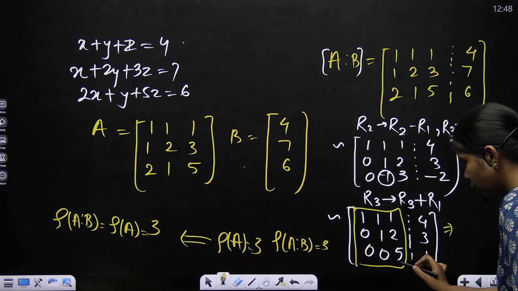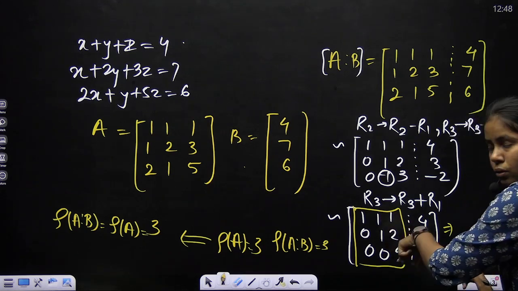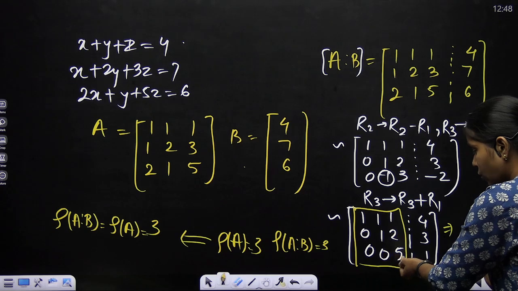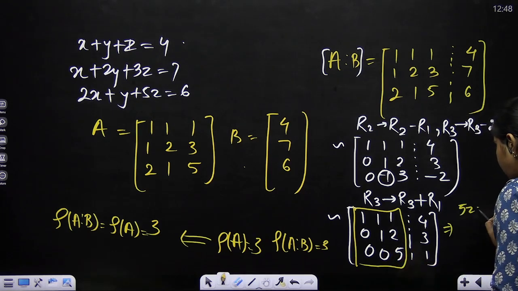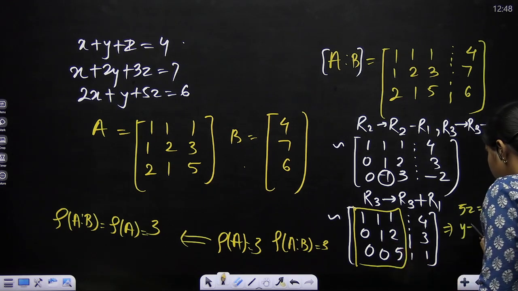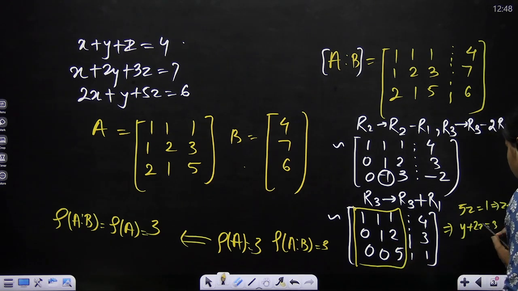Start from the bottom and keep multiplying, whatever we have in the coefficient matrix, just multiply. 0x 0y 5z. 5z is equal to 1, so z would be 1 by 5, and this would be y plus 2z is equal to 3. Z I got as 1 by 5, so 3 minus 2 by 5.